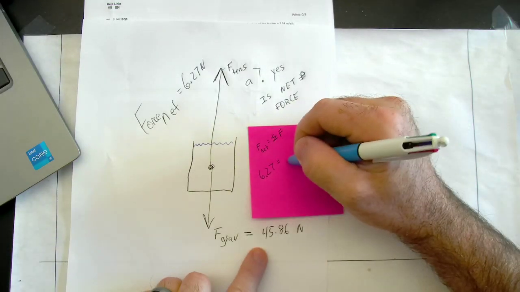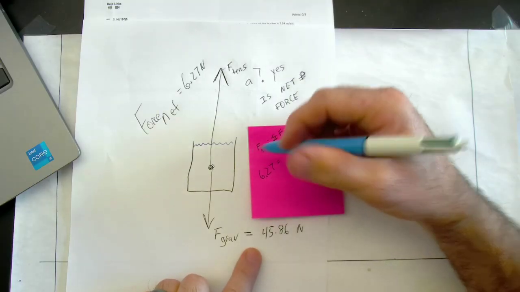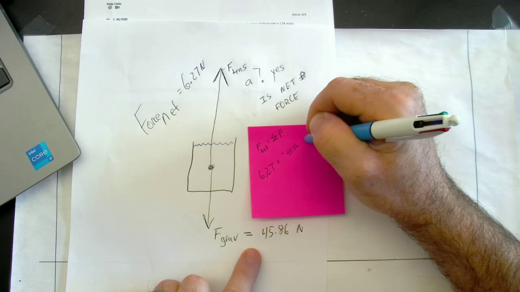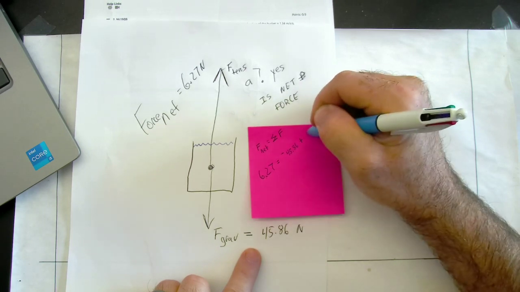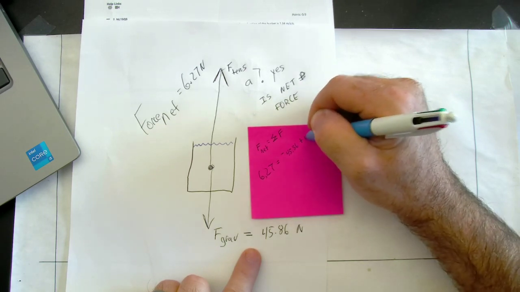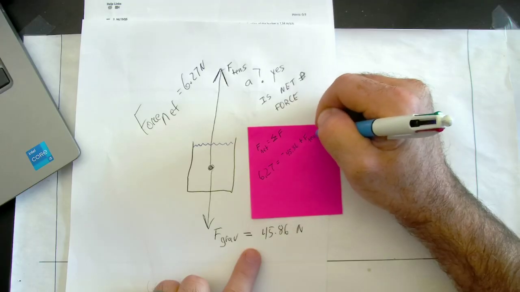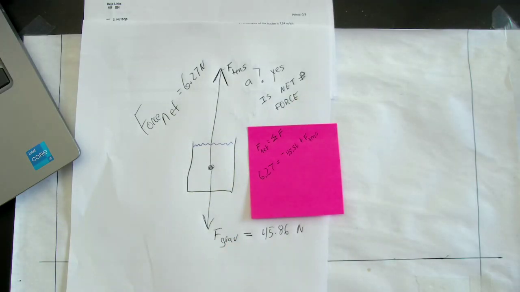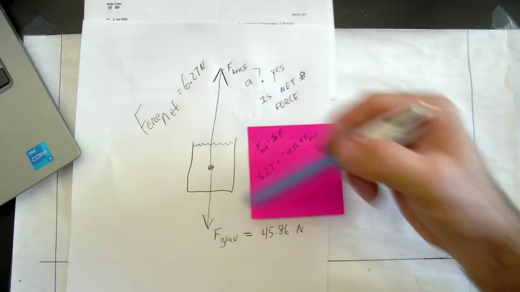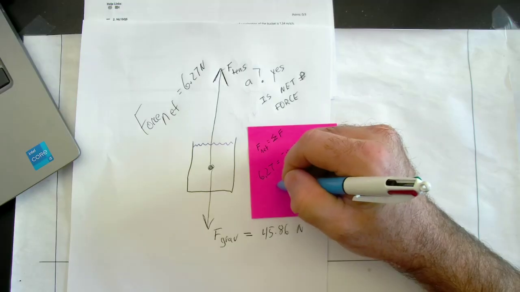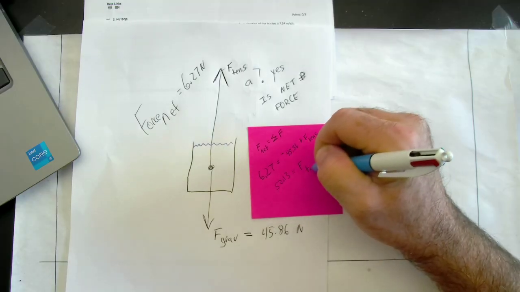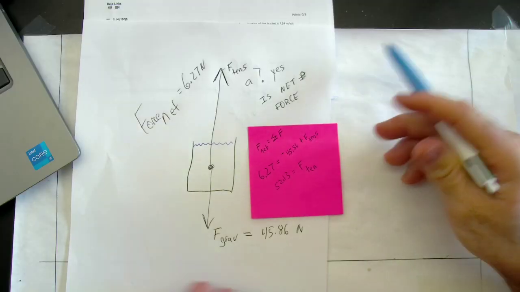That's going to equal negative 45.86 for the force of gravity, plus your unknown, the force of tension. And either way you do it, you're going to find that with my numbers, 52.13 would equal the force of tension on this object.